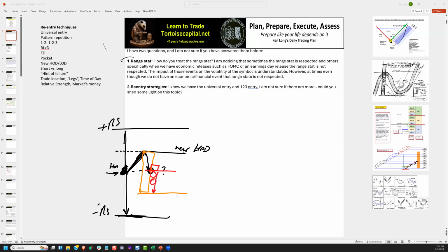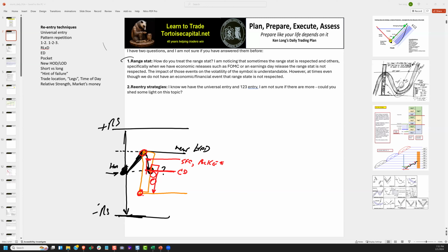But now you can see instead of waiting for the collapsing dragon, if I decided to get short here with a supported fall crossing or a pocket entry or whatever technique I'm using to enter, this is still the high of the day. This is still the maximum reasonable intraday move now.